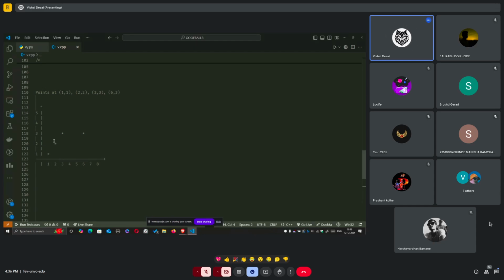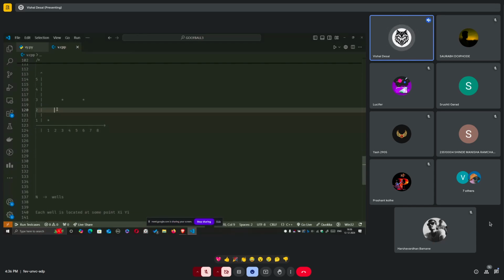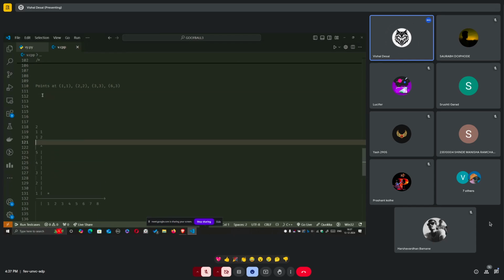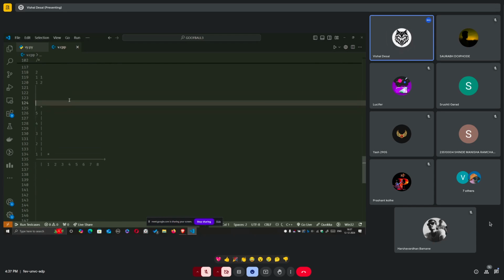Consider this is rough, but just go through this. Okay, for the time I will remove these points. According to this test case, points are 1 1, consider this star as a well, and 1 2, that is 1 and 2.